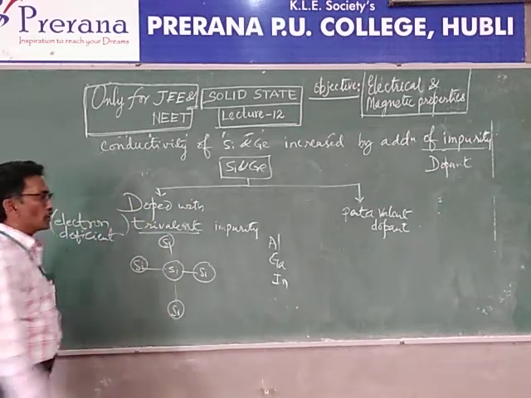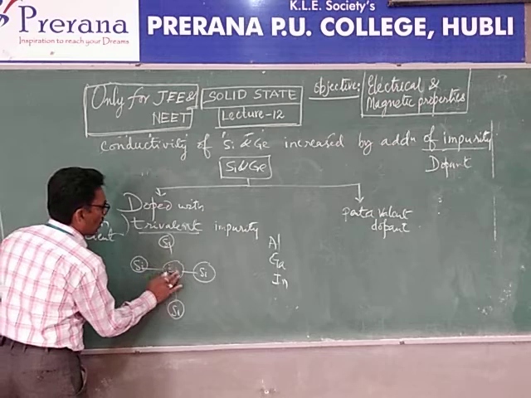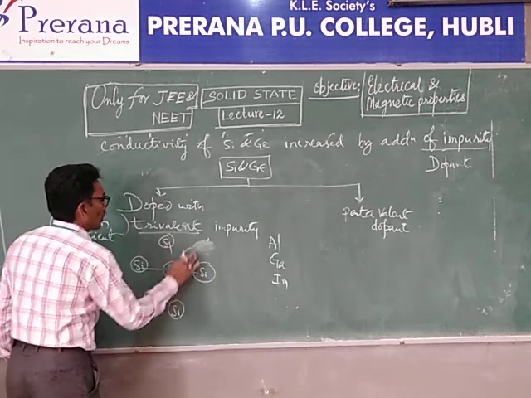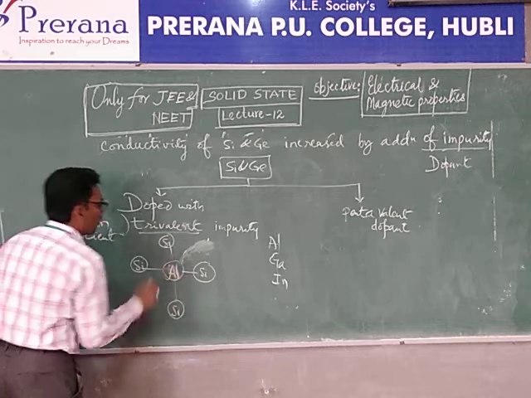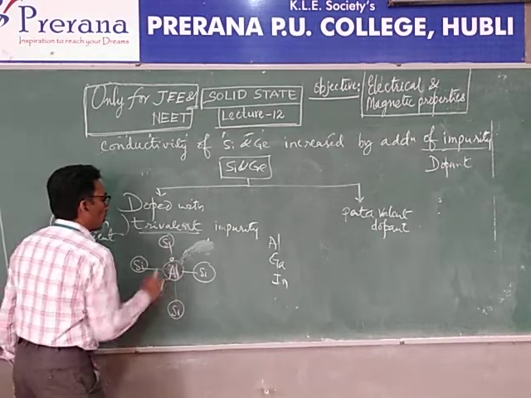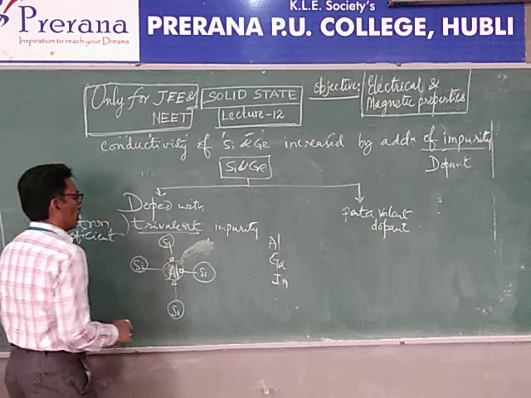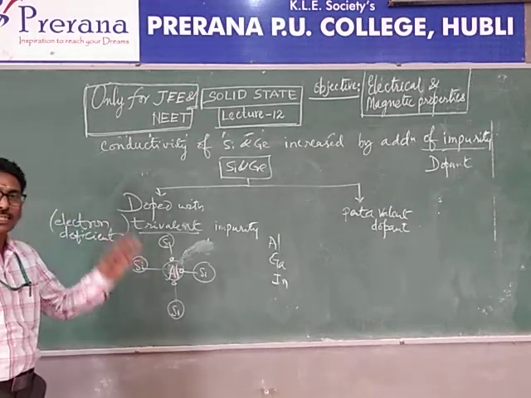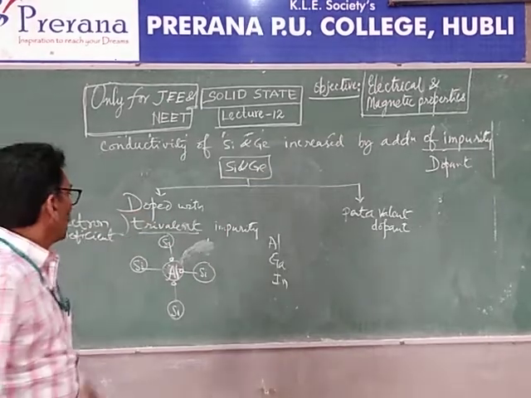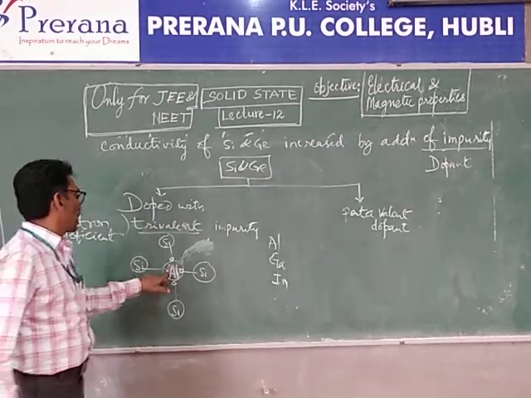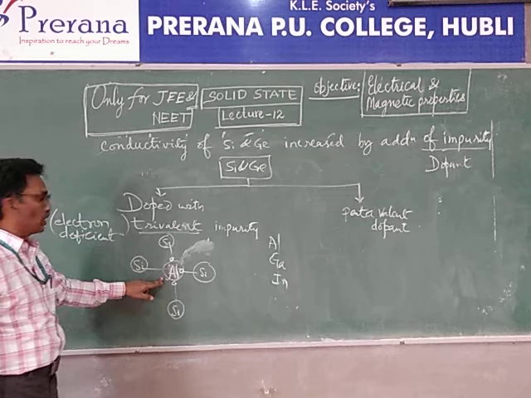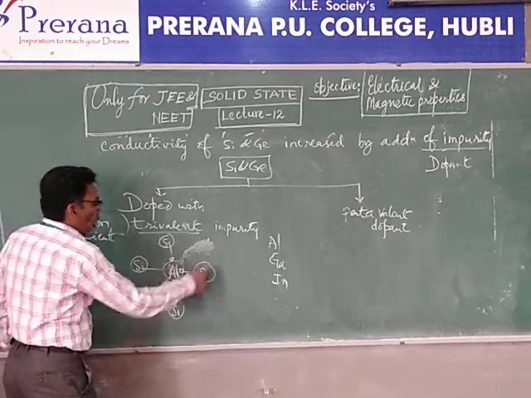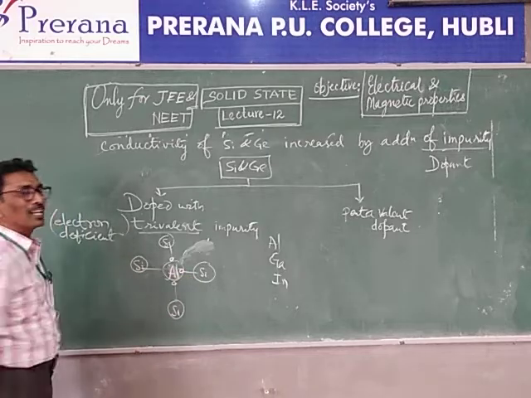So one silicon is replaced by aluminium. Aluminium comes with how many electrons? 1 electron, 2nd electron, 3rd electron. There is no electron to share with silicon like the previous one. So aluminium, a trivalent impurity, does not have a sufficient number of electrons to make covalent bonds with the 4 silicon atoms.